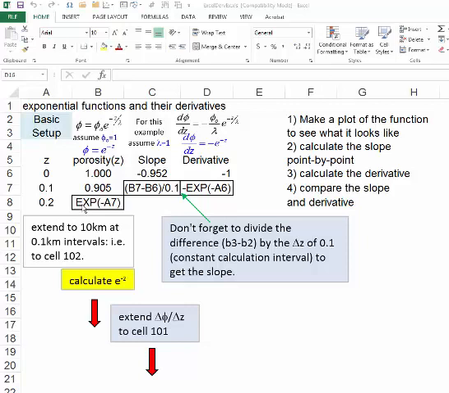The function in Excel is exp, so you'd have an equal sign, exp, and left and right parentheses, and you'd have a reference to cell A7. This should be cell A8.